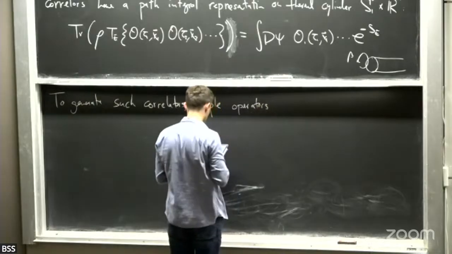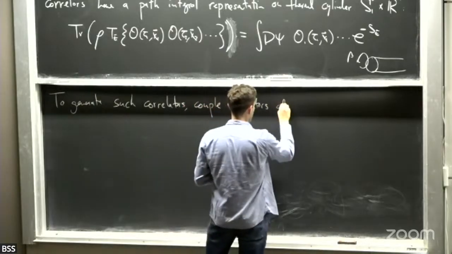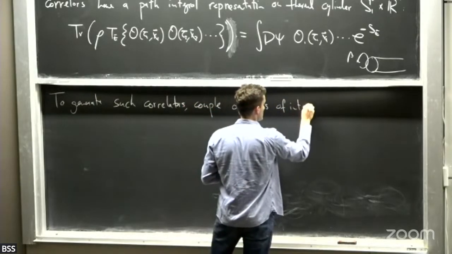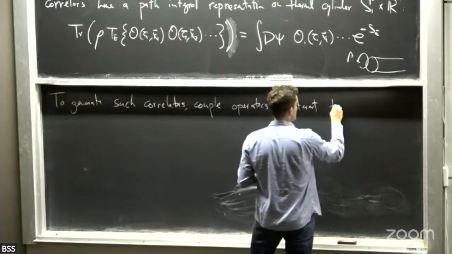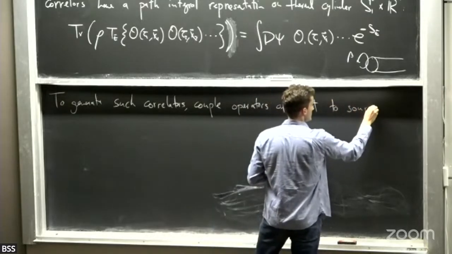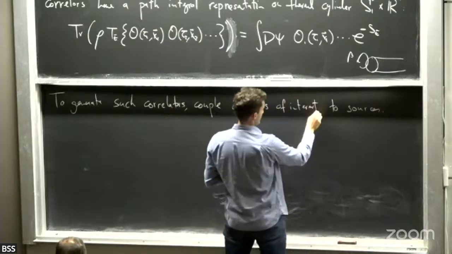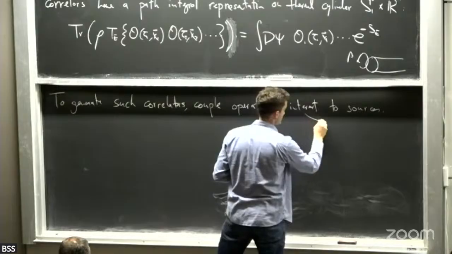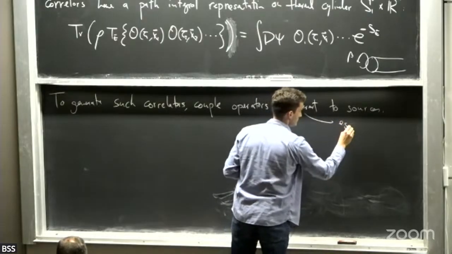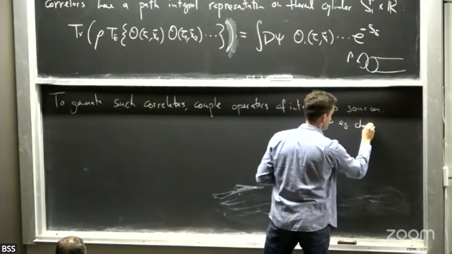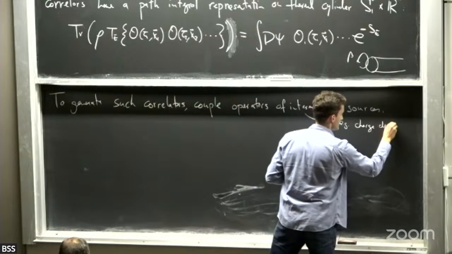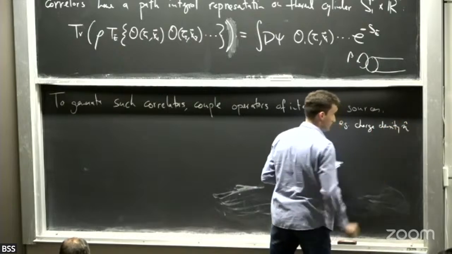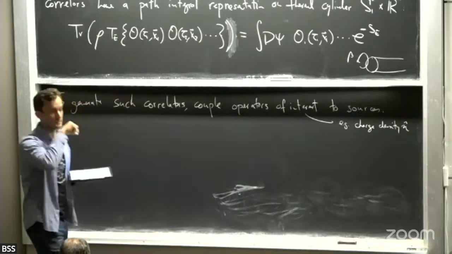This is just a theoretical construct that we're doing here. To illustrate this, I'm going to consider as an operator of interest just the density, and you'll generalize this. But you could really do this for any operator you care about, currents and so on.